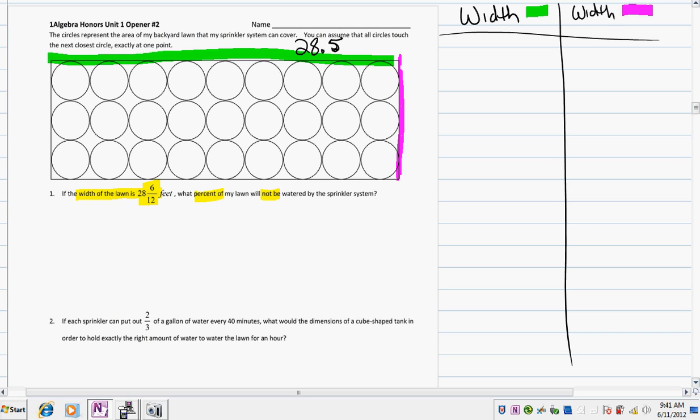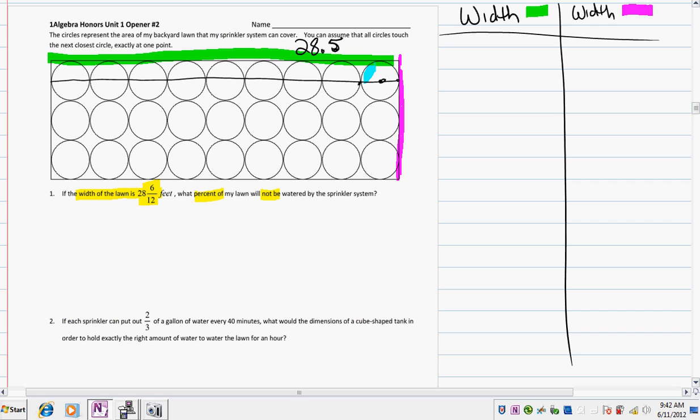So how do I know how much one of the sprinklers is covering? Well, if you draw this special line through each of these circles, that goes through the center and goes from edge to edge, we call this dimension the diameter. And the diameter is important because we're trying to find how much area each sprinkler covers.